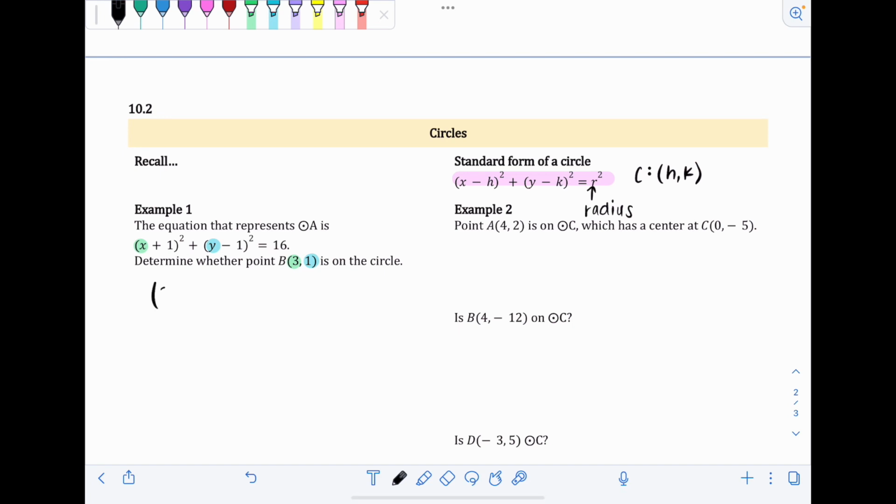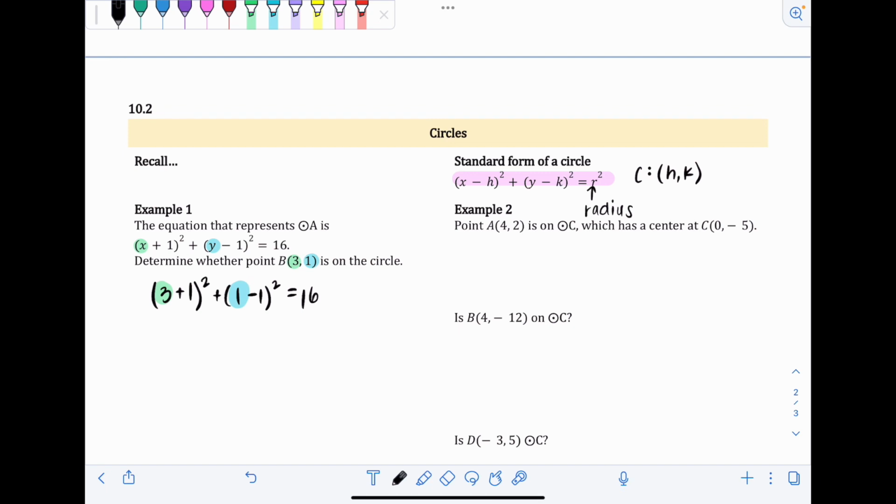So we'll put 3 in for x plus 1 squared. Everything else is staying the same in the equation. So 3 goes in for x, and then 1 is going to go in for y. So 1 minus 1 squared equals 16. We'll add both of the parentheses.